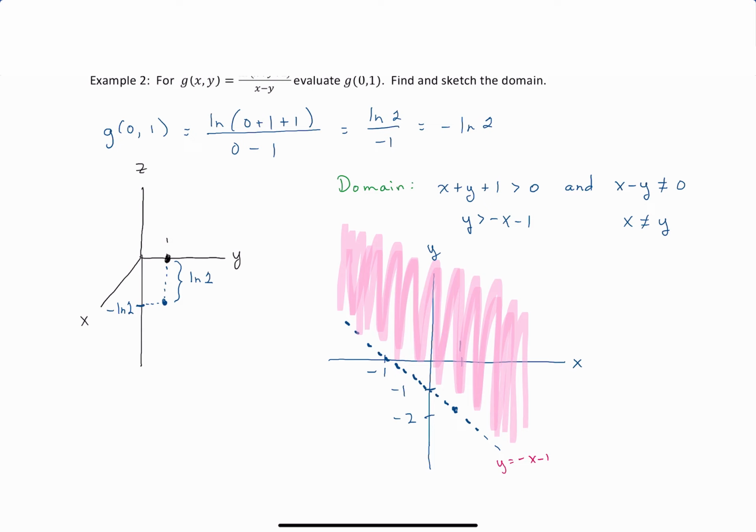Well, that then means we can't have any values on the line where x is equal to y. In other words, we can't have anything on the line y equals x. So I'm going to put a dotted line there indicating, okay, our domain is all of the pink stuff, but not the stuff on the dotted line.